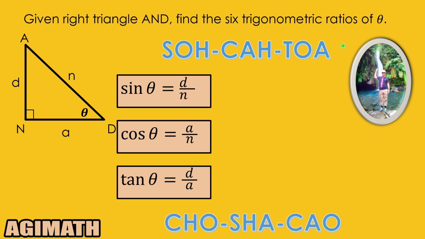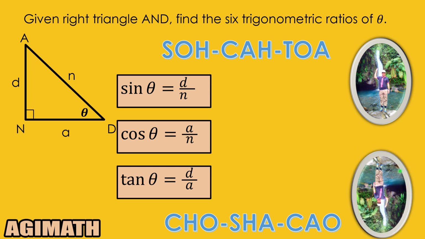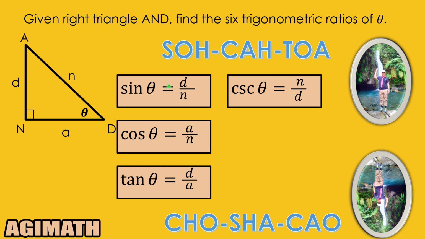And then there is another, the reciprocal. Now for cosecant theta, so that it will be faster, just look at the value of sine theta because we know that they are reciprocal, and then just twist it upside down and you will have N over D, because it's just the reciprocal.